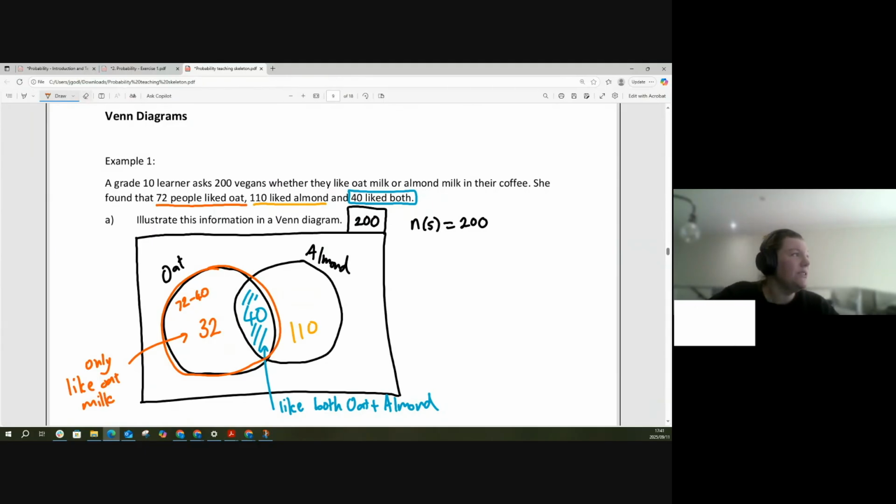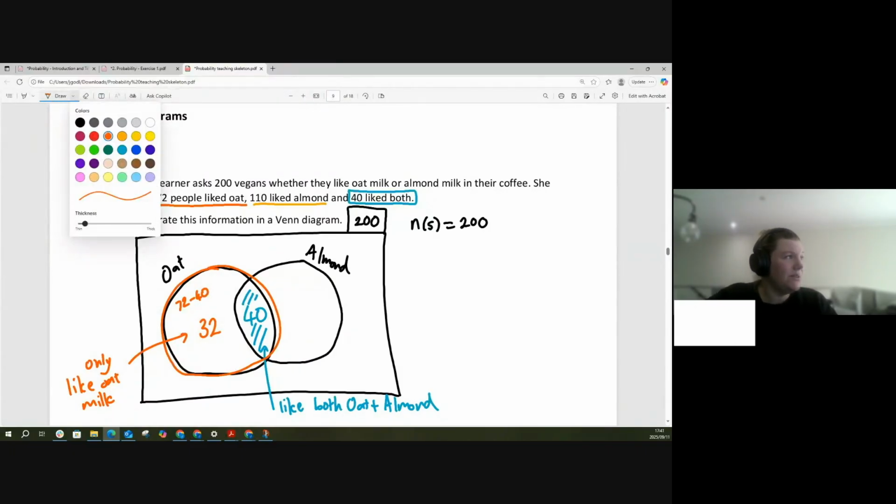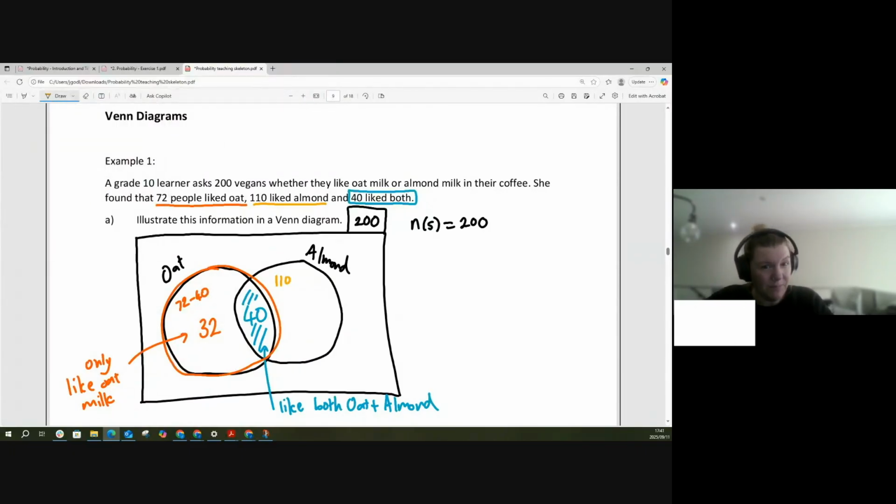And then we're going to do a very similar thing for our almonds. So our almond, we had 110 people, but we need to minus the 40 because all of these people in total need to equal 110. So we have 110 minus 40, and that is going to give us 70. Okay, and that 70 is telling us the people who only like almond.